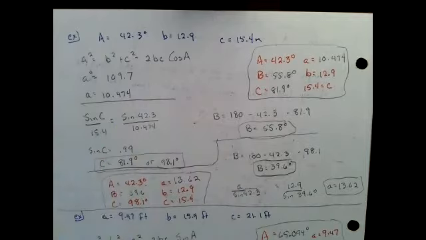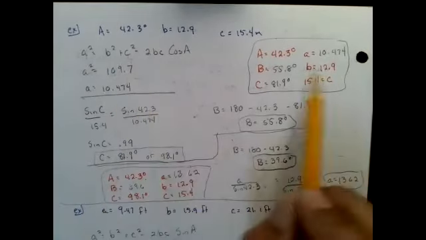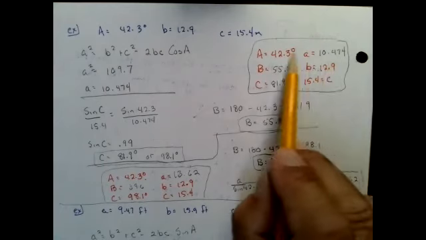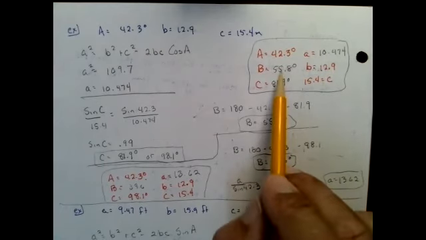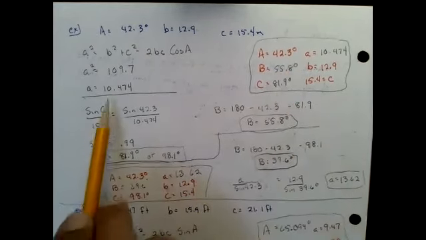Okay, good. I don't want to keep going and then somebody say, by the way, I didn't get little a, I got something else. Anyhow, good. So now that I have little a, I'm going to use these four and solve for angle B. Well, actually, I did angle C, I'm sorry.